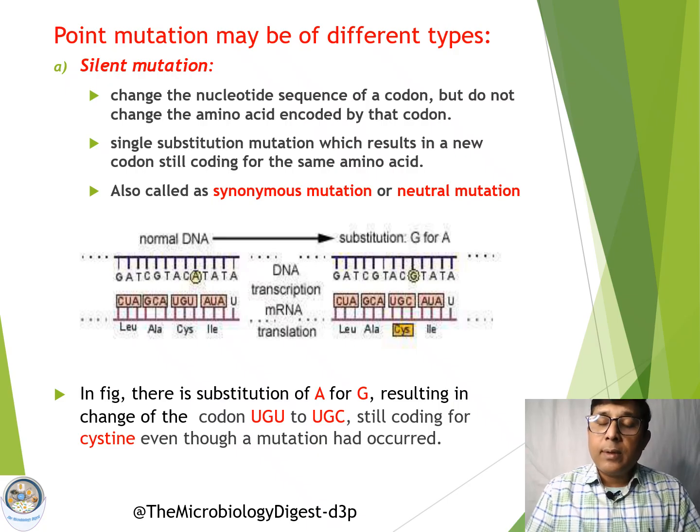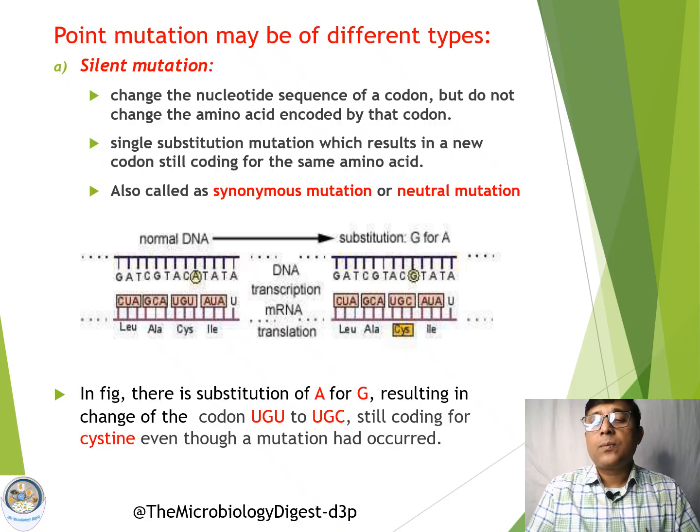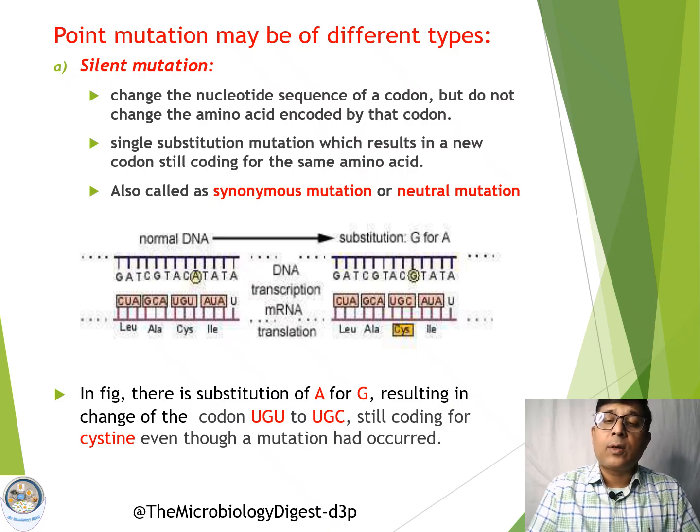Only a single nucleotide is changed, but there is no effect due to the change. That is why it is called silent. You cannot really recognize that a change has occurred, so it is also called synonymous or neutral mutation.